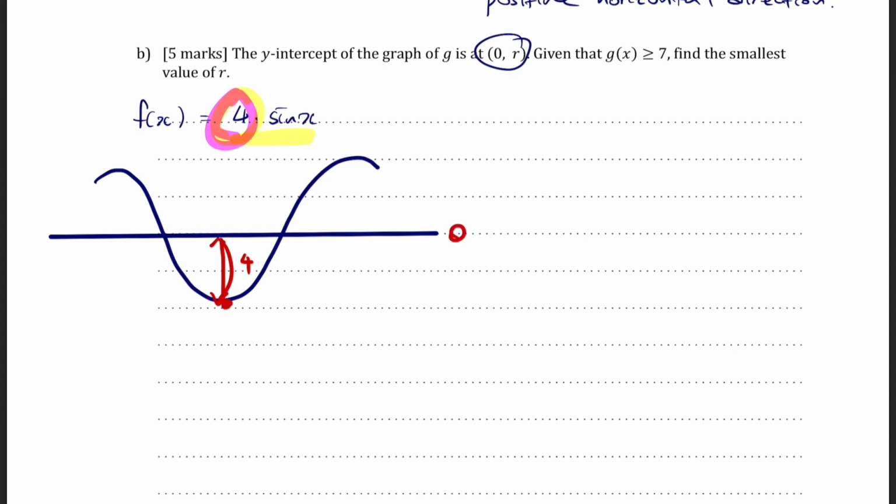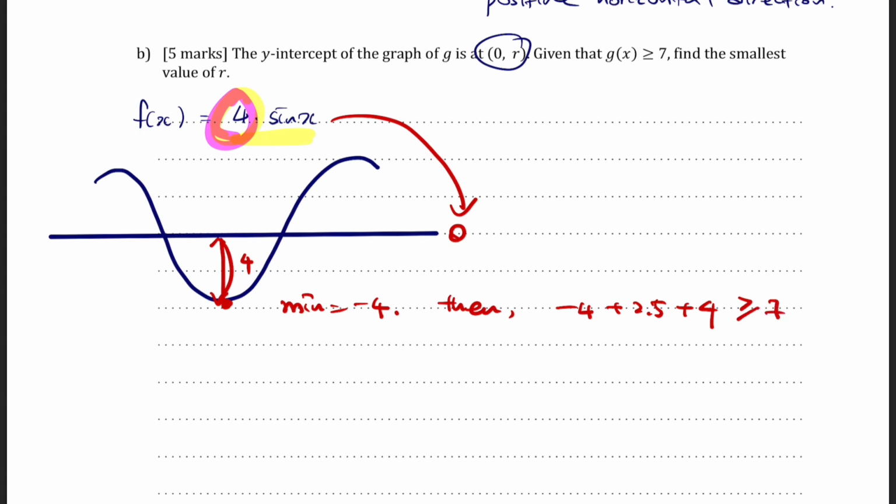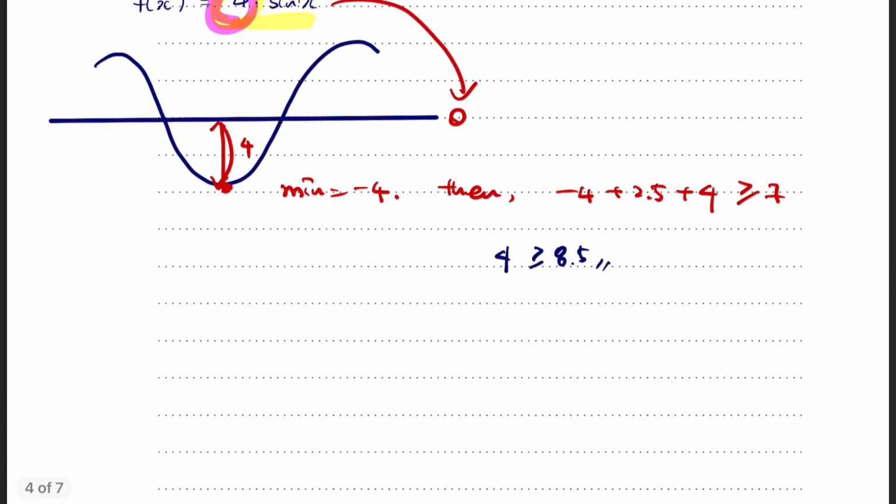Since our principal line for this graph is 0, your minimum point is equal to minus 4. That means your minimum point, and then this possible principal line is 2.5, and then this unknown q should be greater than or equal to 7. Okay, then from this we know that your q value needs to be greater than or equal to 8.5, right?